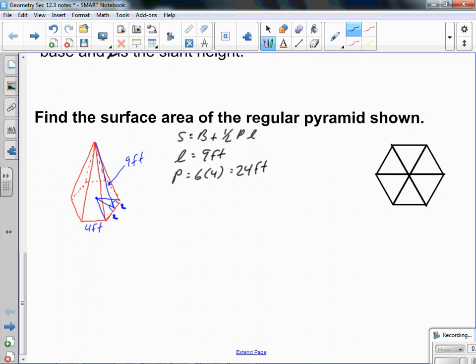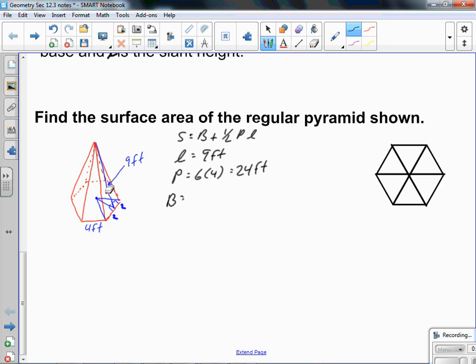And then the tricky one, capital B, or area of the base. In order to find that, we've got to use the formula for area of a hexagon, which for most of you probably don't have that one memorized in your head, like you might have area of a square or a triangle.